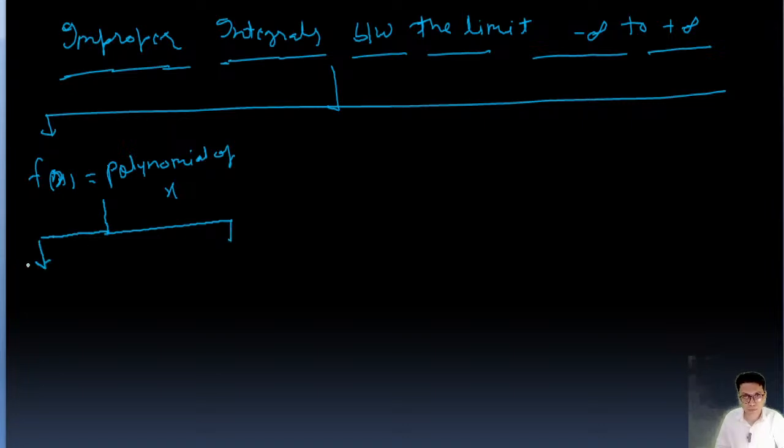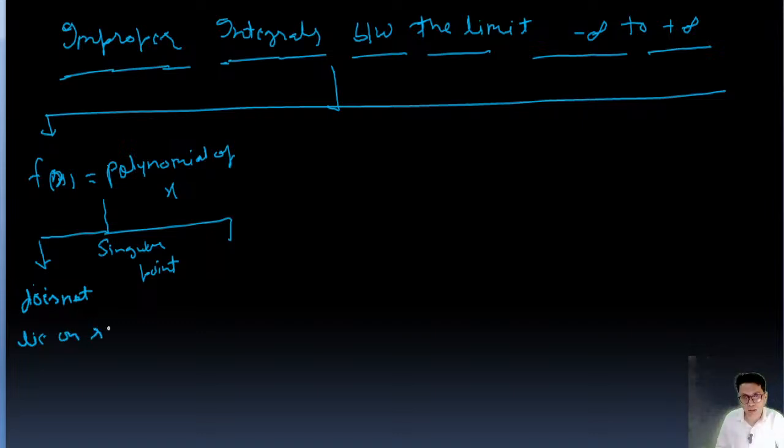The first is the singular points. We are talking about singular points that do not lie on the real axis.